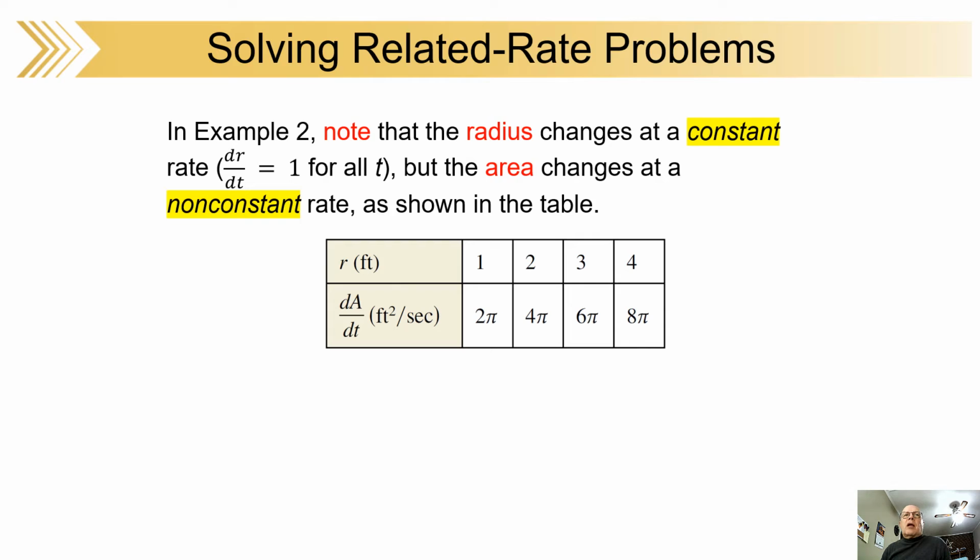Well, when it's at 1 foot, the area itself is increasing at 2 pi, or about 6.28 square feet per second. At the radius being 2 feet, the area is changing at 4 pi, or about, what is that, 12 and a half square feet per second, and so on.